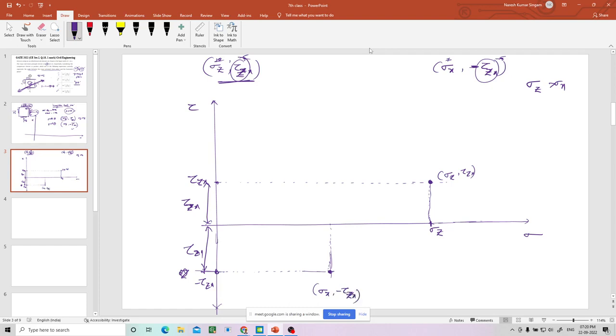After noting down these 2 points in this plane, what is the next step to draw the Mohr circle? You know the end points of the diameter. What do you do now? Next, just join them.